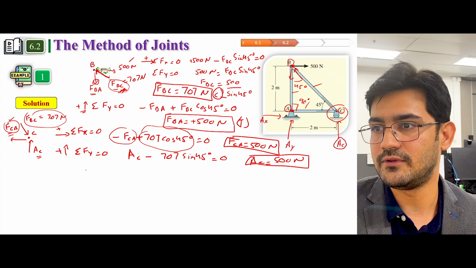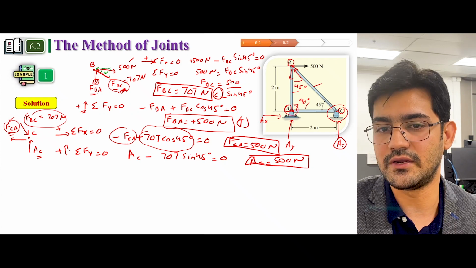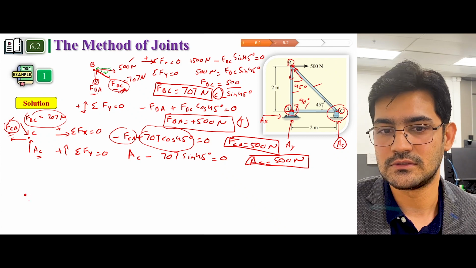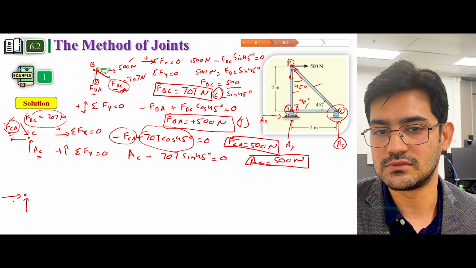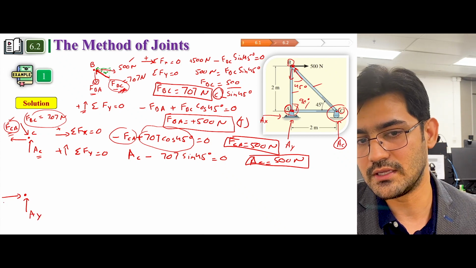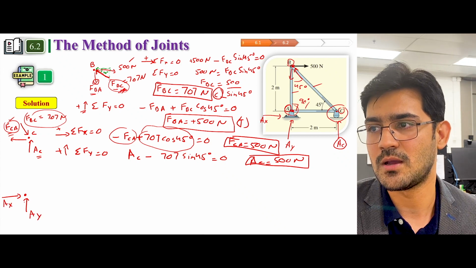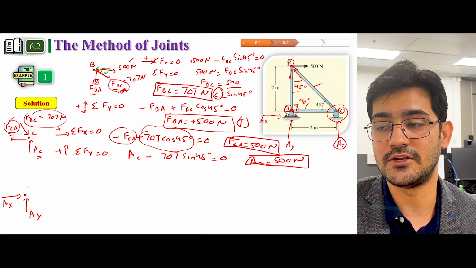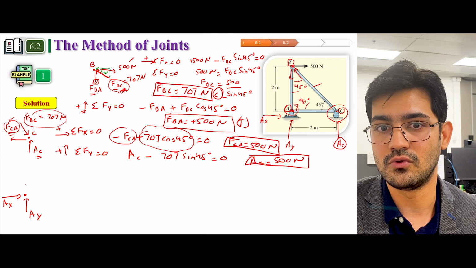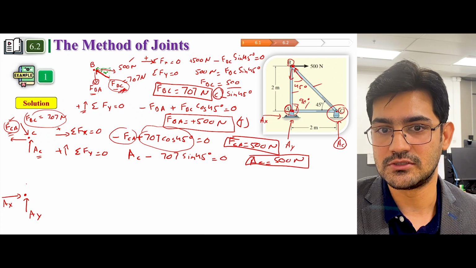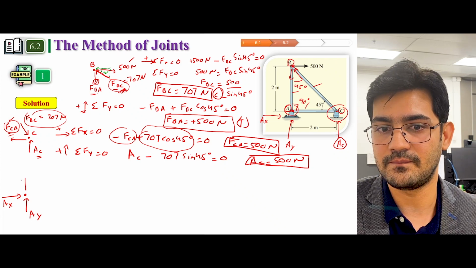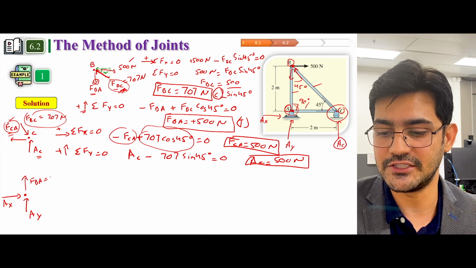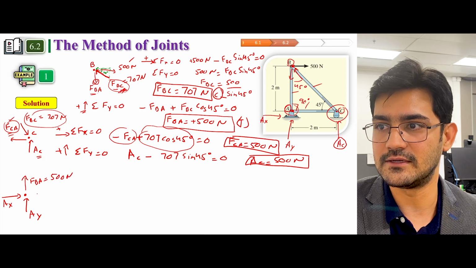So now we have to solve the last joint, which is joint A. At joint A, we have two reactions. One is A of y, one is A of x. And we have internal forces. How many? Two. And in which direction? We know that force F of BA is in tension. We have already figured this out.